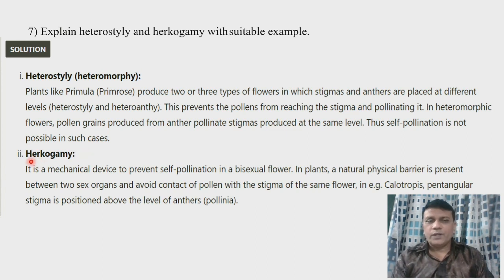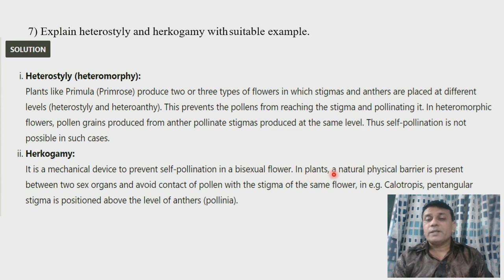Then the next one is herkogamy. It is also meant for cross pollination. Now, herkogamy is a mechanical device or it is a mechanical barrier to prevent self pollination in bisexual flower. In plants, for example, calotropis.